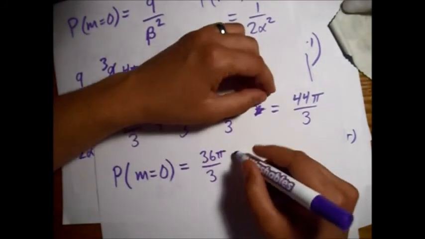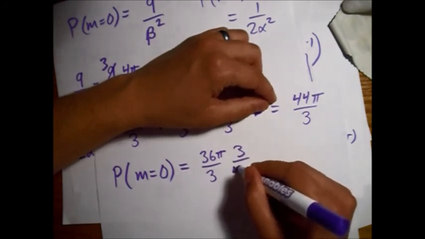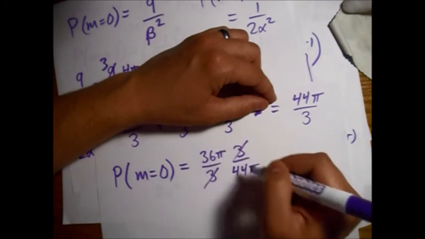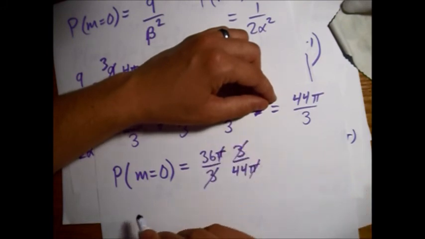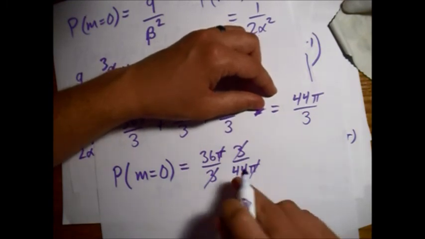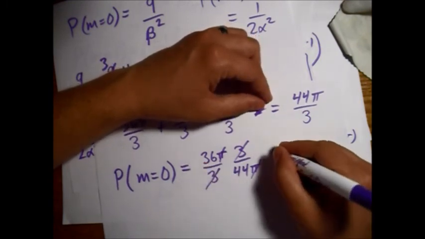So flip it upside down, we have 3 over 44 pi. The 3's will divide out, the pi's will divide out. Let's see, we have a 9 over 11 if we divide by 4.